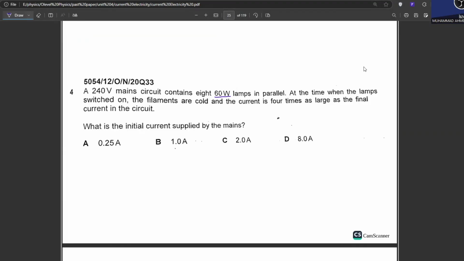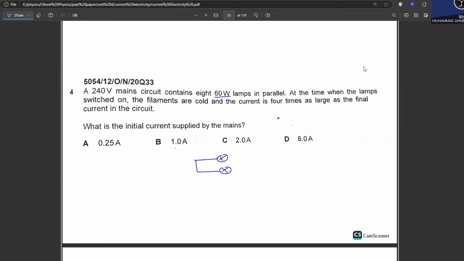At the time when the lamps are switched on, the filaments are cooled and the current is 4 times as large as the final current in the circuit. What is the initial current supplied by the mains? First of all, you need to understand that we have 8 lamps, something like this.